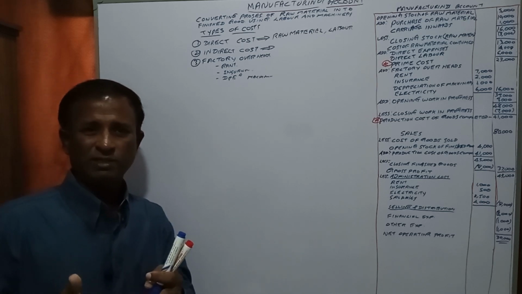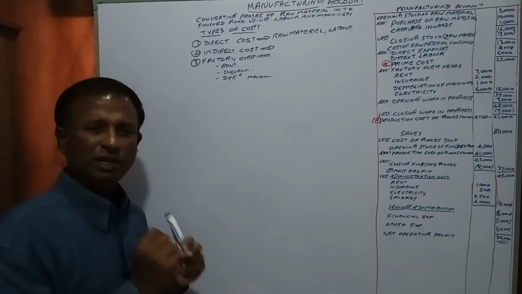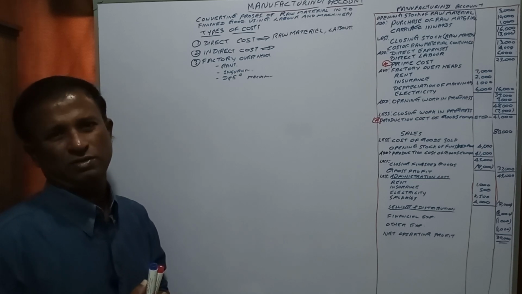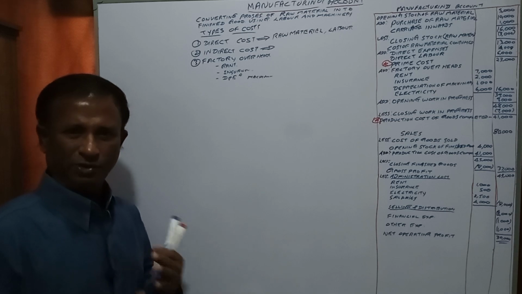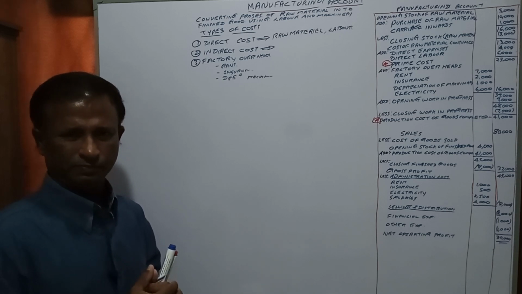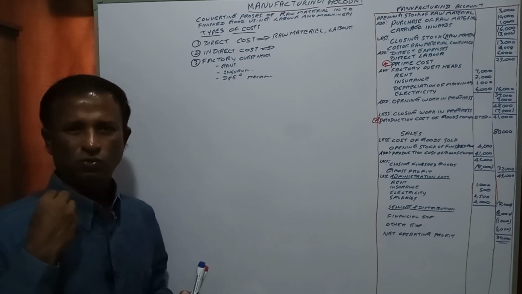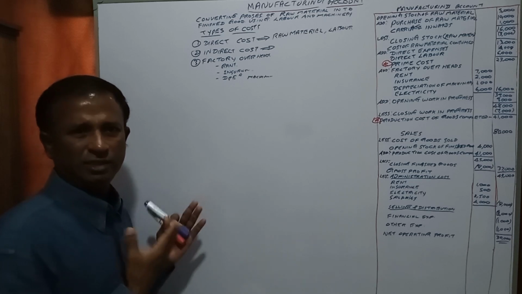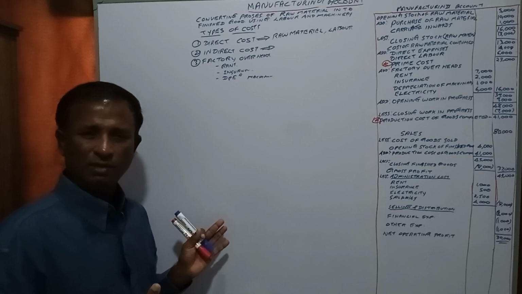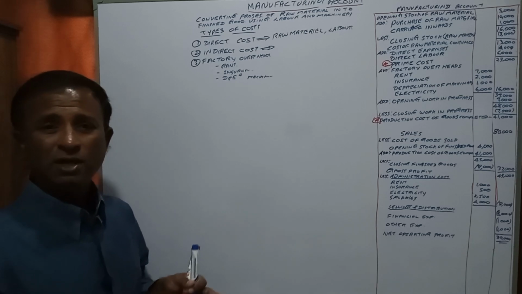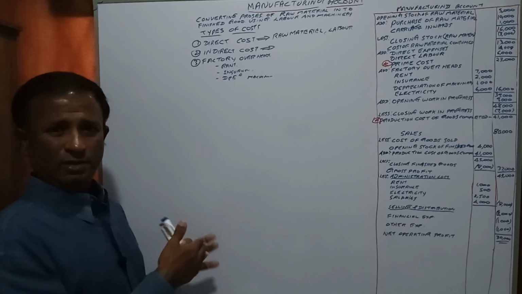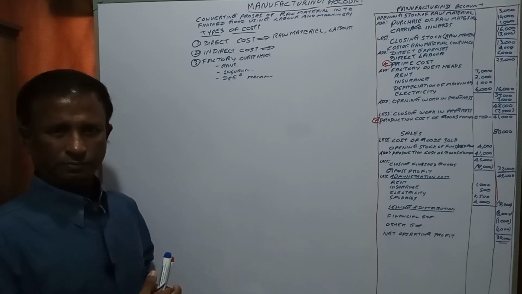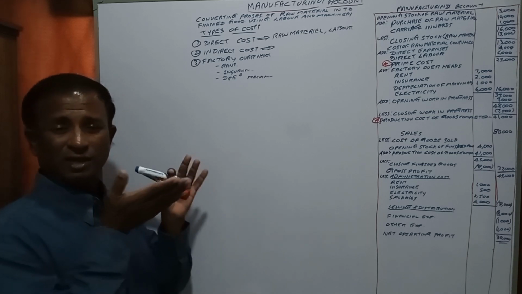To do the purchasing, you have to employ staff to handle the documentation of purchases and to offer tenders. An administration department should be there, a marketing department to do the selling activities, and a finance department.